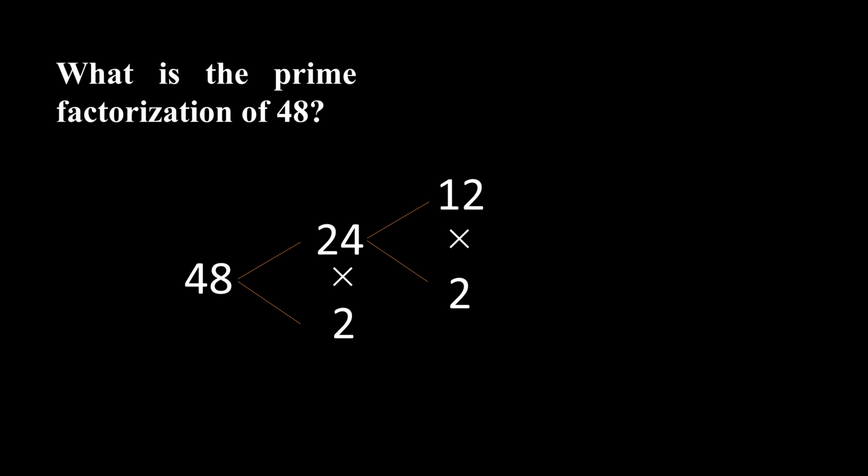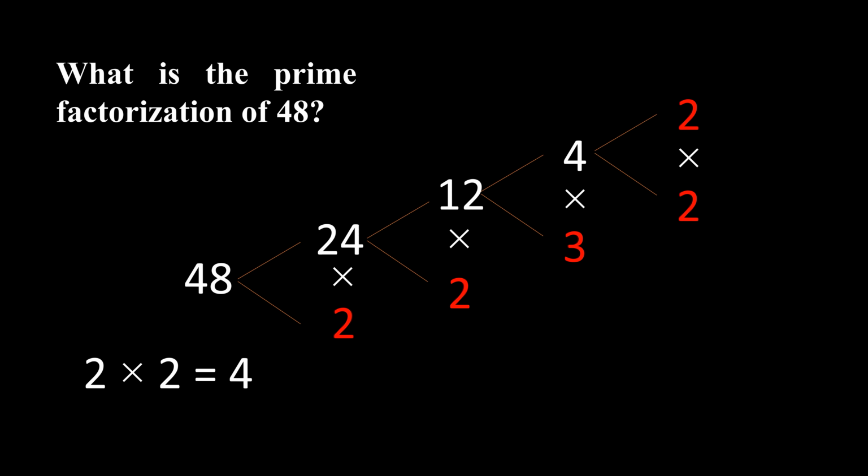Again, 2 is a prime number, so 12 na lang. 12 can be expressed as 4 times 3, and then 3 is a prime number already, 4 na lang yung ating need i-express sa kanyang prime factors, we have 2 times 2. Therefore, we have here 2, 2, 3, 2, and 2. These numbers are the prime factorization of 48.